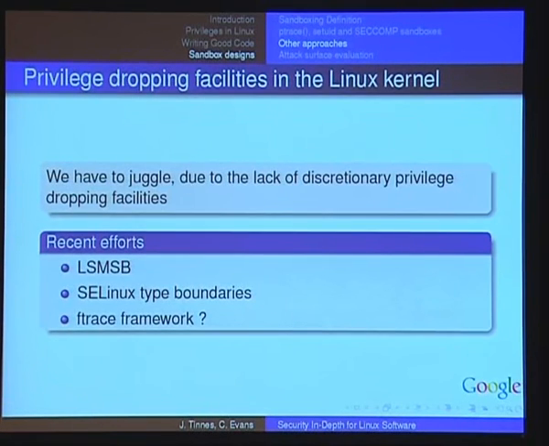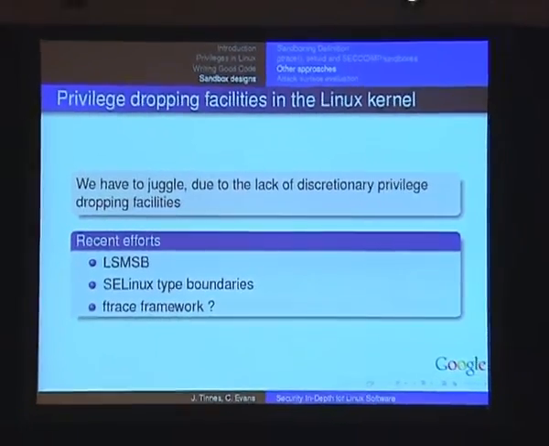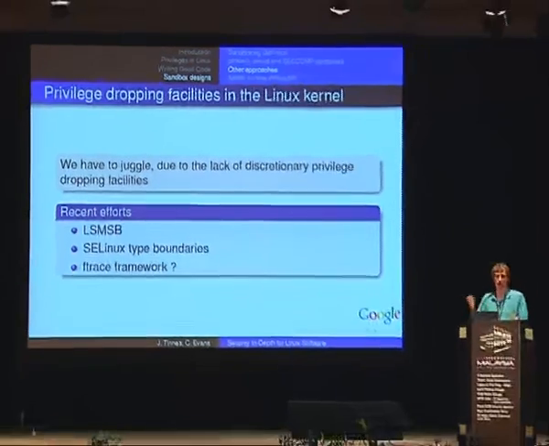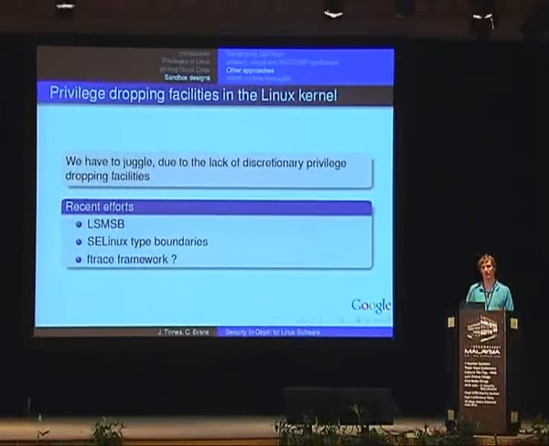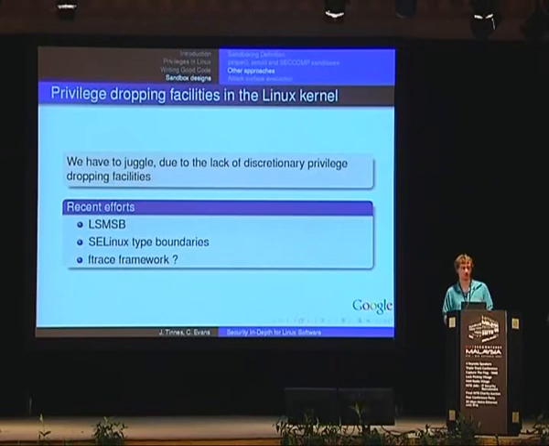So this got dropped because SELinux actually implemented type boundaries inside the kernel. Before, type boundaries were done in userland in SELinux. Now they are done in the kernel, and there is some hope that in the future it will allow a process to set up its own policy under the condition that it will be more restrictive than the previous one. So that one might happen at some point.